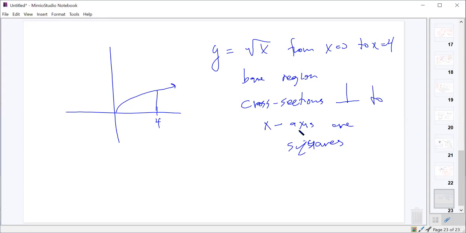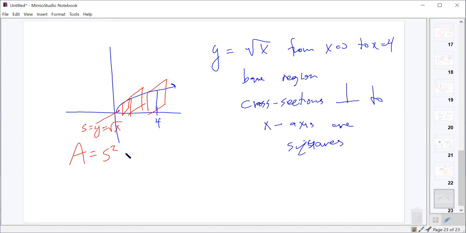Well, that just means that cross sections perpendicular to the x-axis are squares sticking out of this region straight at you. So you just got a bunch of squares here. And so what we learned is that all we have to do is find the generic area of one of those squares. Right? The area of a square is just the side length squared. And so we figure out that the side length for each of these, s, is just y, or just root x.